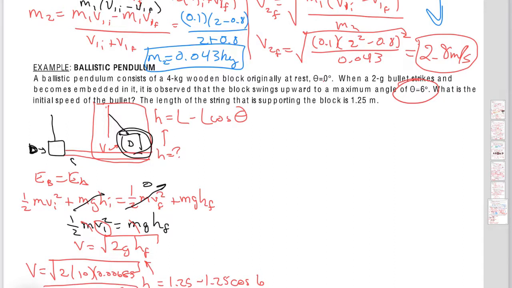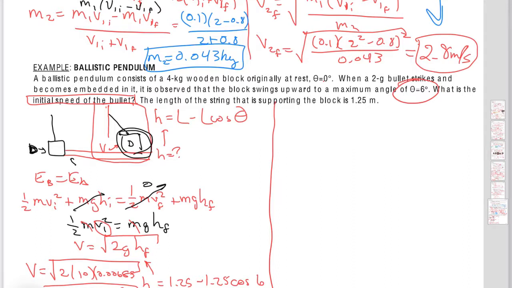So that would be the velocity before it swings up, which is actually the final velocity in our momentum portion. Now I can trace this back to find the speed of the bullet, because that's what it's looking for. What is the initial speed of the bullet?